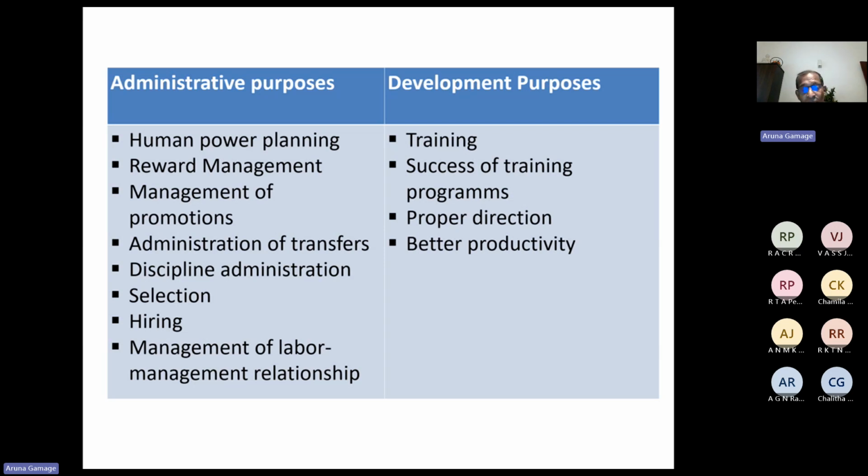Administrative transfers. You can use performance evaluation for transfer purposes. One will not be able to do the present job, but he will be able to do another job better. So that is why you transfer. Selection, hiring. When employees are hired for a particular position, they are not made really permanent until they complete the time under observation.